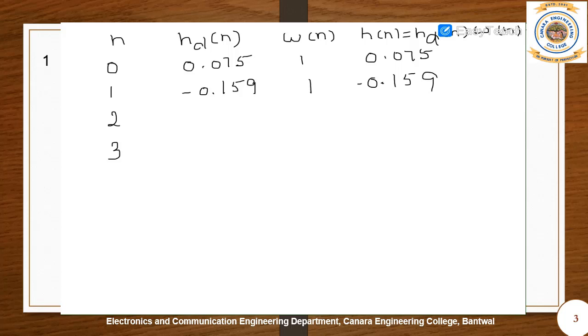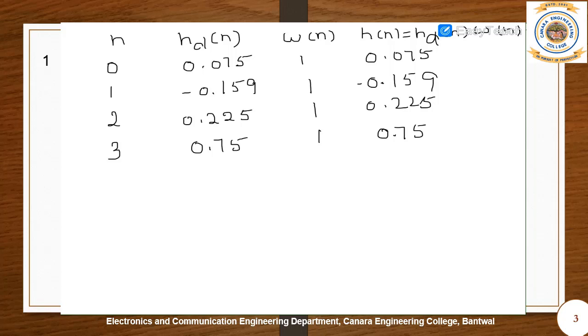Next one is 0.225, W of n is 1, so we get 0.225. It is HD of 3 we have calculated as 0.75. So when you multiply with 1, you get 0.75.